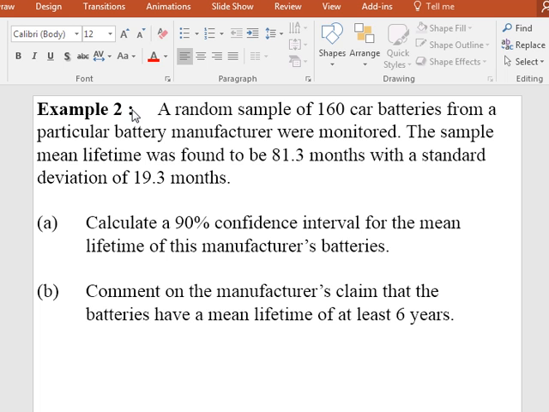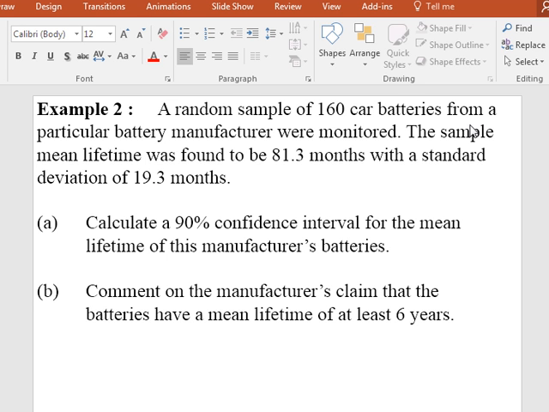Example 2. In this case we have 160 for the sample size. The sample mean, x bar, is 81.3, and the sample standard deviation, S, is equal to 19.3.